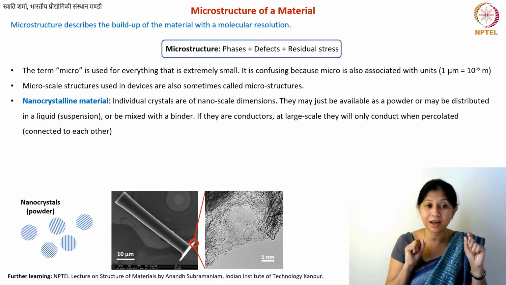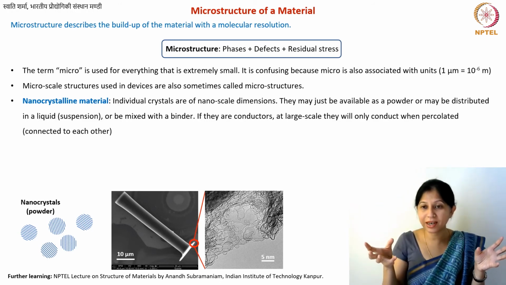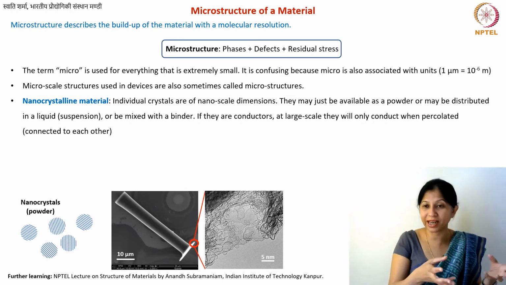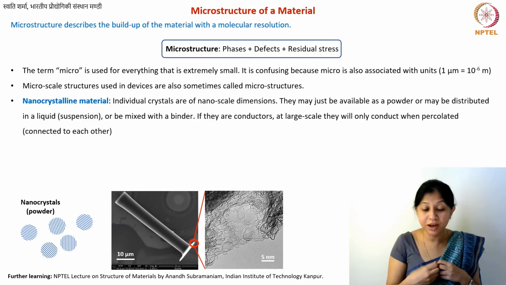It's important that they are in the nanometer scale. Each one of them is randomly oriented, and in bulk form what you will get is a powder. It can be a 2D crystal, it can be a 3D crystal, any kind of crystalline structure which is very well defined. So we intentionally made it.